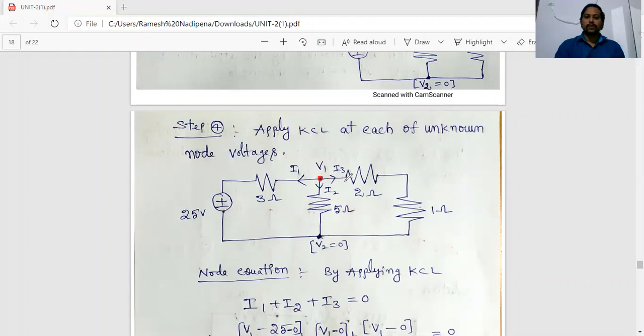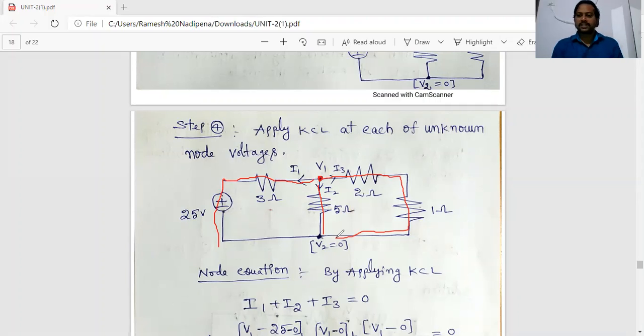This is the first path, and one current passes through it. The second path is this one, and the third path is this one. That's why I assume 3 currents passing through 3 different branches. Those are I1, I2 and I3.